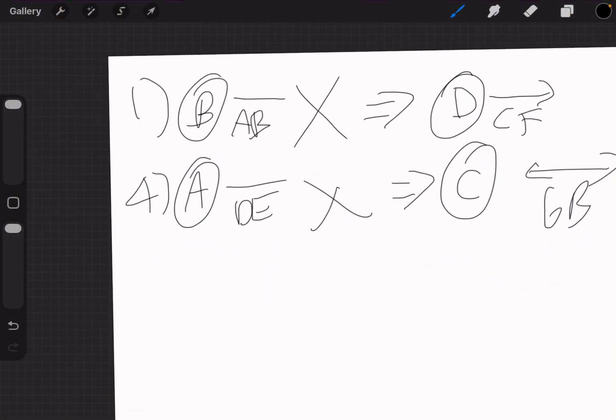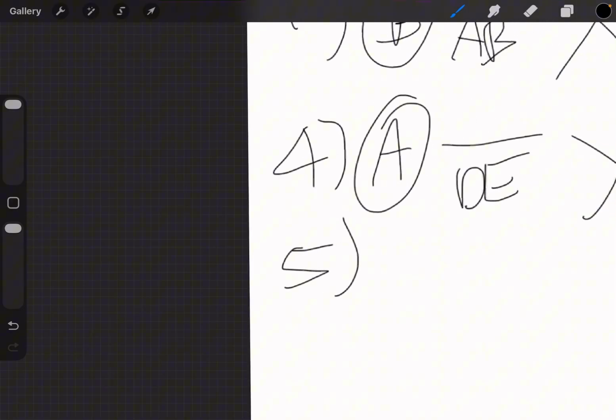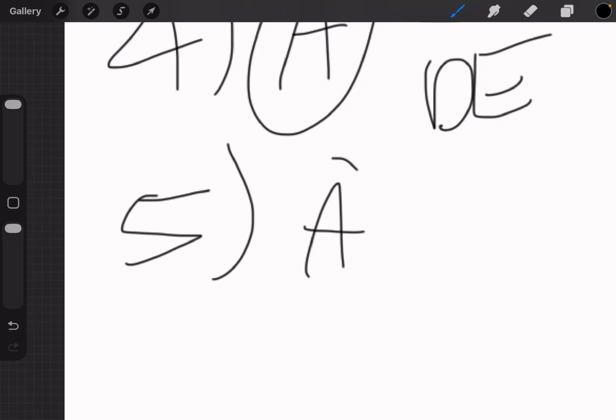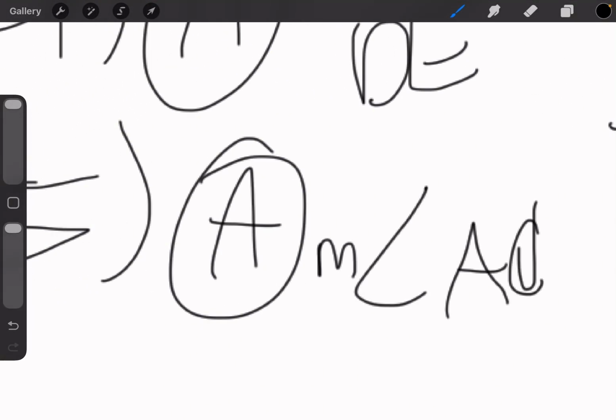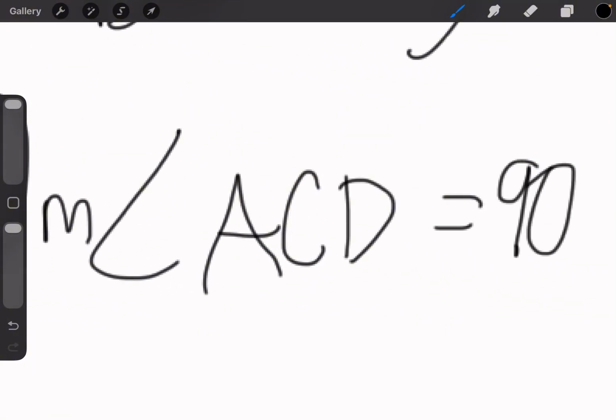Okay, so the next question I got wrong was number 5, and it says, for questions 5 and 6, refer to the figure to determine which is a true statement for the given information. For 5, it specifically says line AC is a median. For this, I chose A, which is CD equals 90.